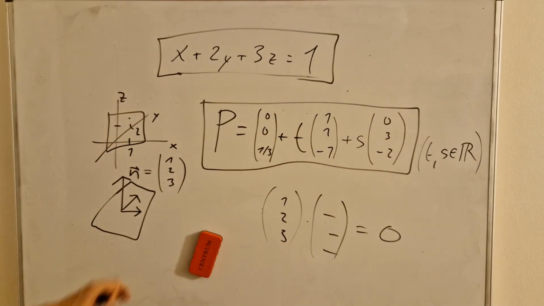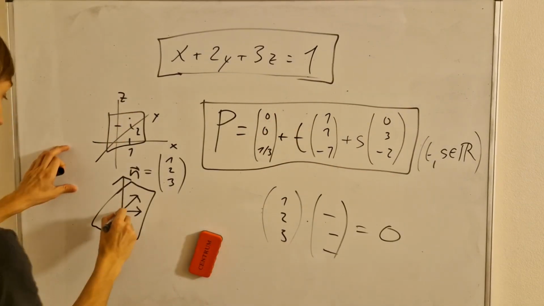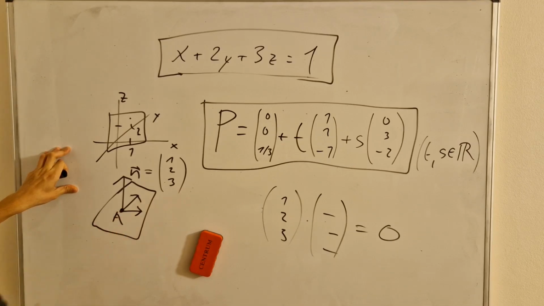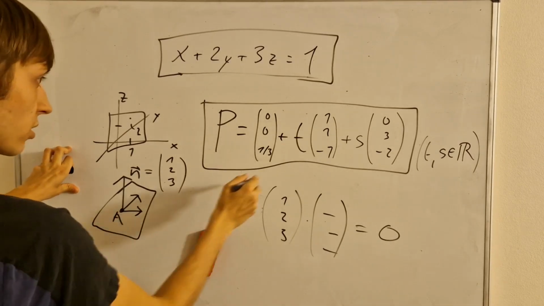Think about it. We take a point that's in the plane, let's say perhaps this is A. And then we have two vectors.